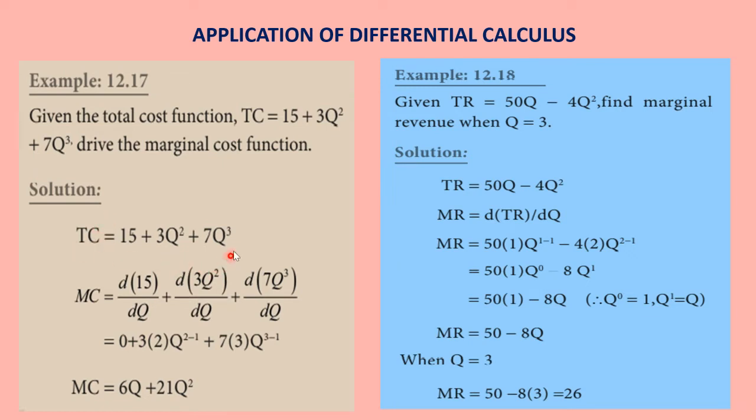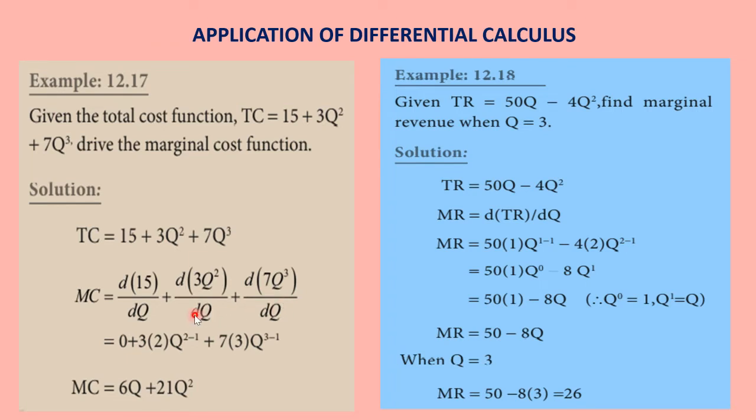We have to differentiate the total cost to get the marginal cost. So MC is equal to differentiation of 15 with respect to q plus differentiation of 3q square with respect to q plus differentiation of 7q cube with respect to q.